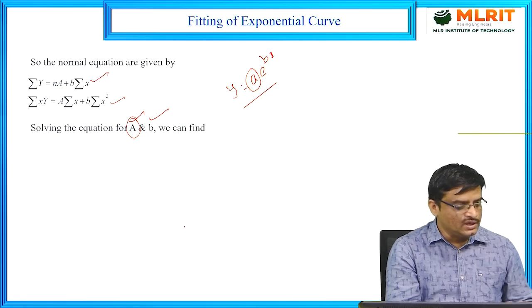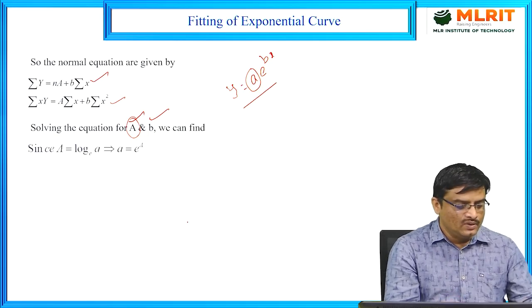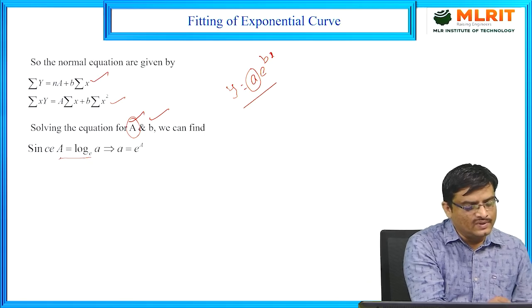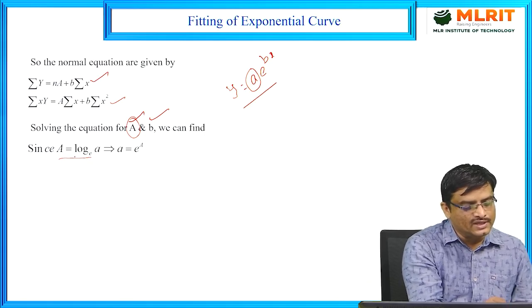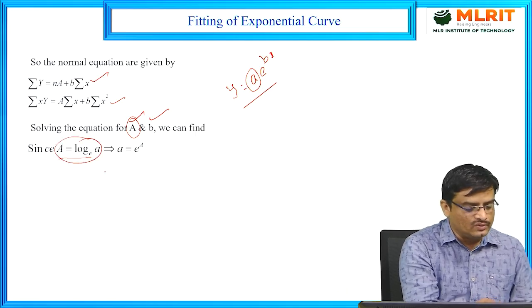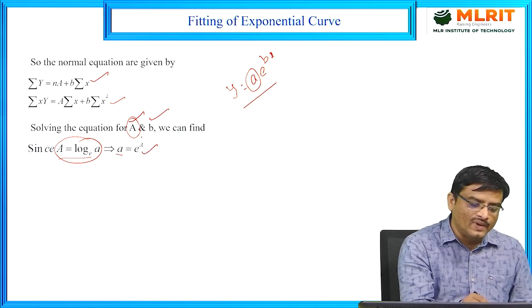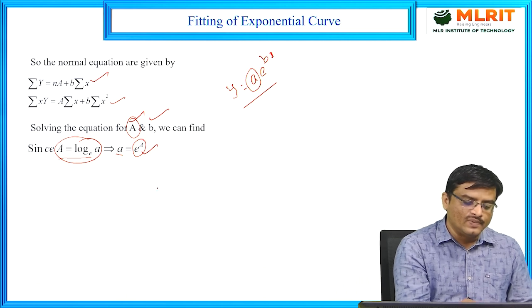So in order to get the small a value, in the modification we have seen, we represented capital A as log a to the base e. So from this relation, I want to get the small a value. From this, you will get small a is equal to e power capital A. So we will get our capital A value, replace that capital A value and find the exponential value.